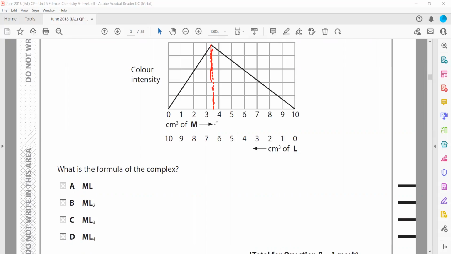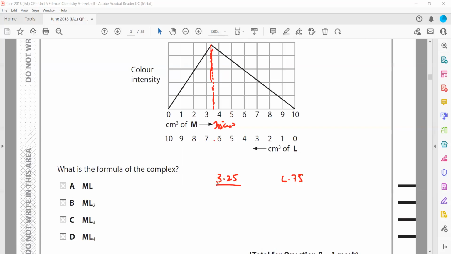So here, how much M is used? 3.5 cm cubed of M is used. And how much L is used? That is 6.5. When we take the ratio between them, it is about 3.5, or exactly 3.25, you can say. So this is 3.25 and this is about 6.75.